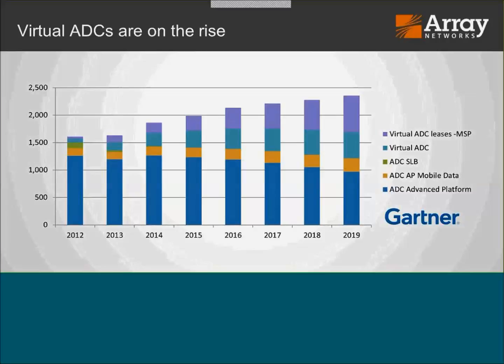Many analysts are seeing this trend, which is that, if you look at this here, and what are we looking at? The public cloud app delivery load balancers, those are growing, right? If you look at the virtual ADC that's being deployed in the virtual data center or in a private cloud, those are growing. Now, like I said, the hardware, it's not going away.